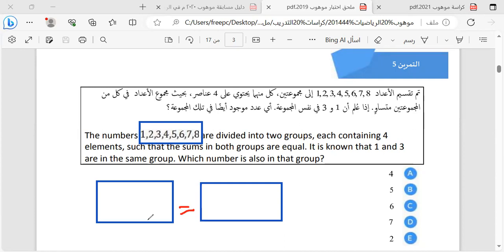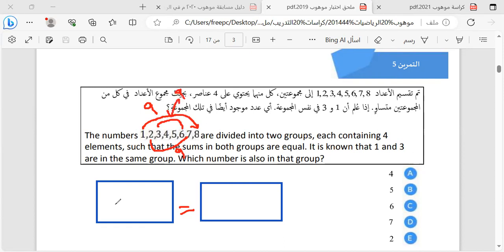I will take the first number and the last number. Good job. So you take the smallest with the biggest one. 1 plus 8 is 9. 2 with 7 is 9. 3 plus 6 is 9.